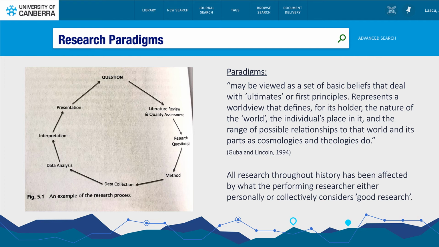Now, cosmology is the study of how the world began, with the prevailing theory being the Big Bang Theory, and of course, theology is the study of the nature of God and religion. So all research throughout history has been affected by what the performing researcher either personally or collectively considers to be good research.